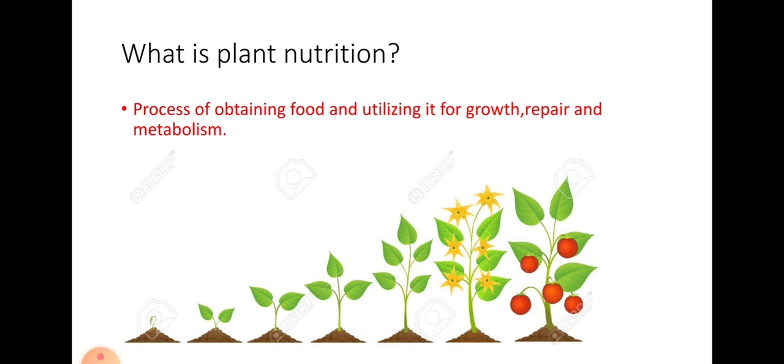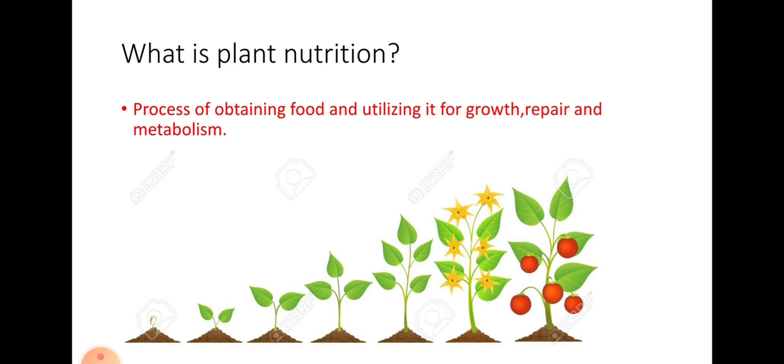Plants can make their own food, but animals can't make food themselves. They obtain food from plants or other animals that eat plants. Thus, human beings and animals depend on plants for their food, directly or indirectly.